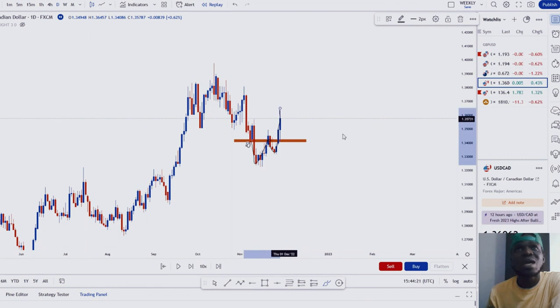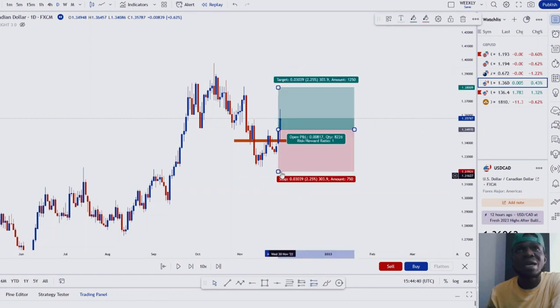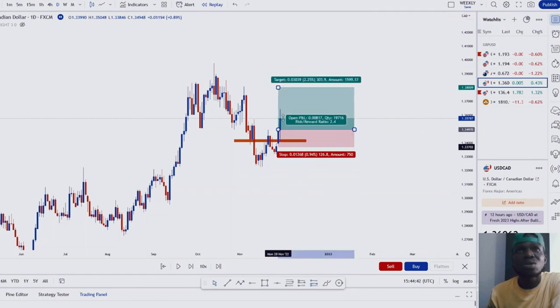Now as a price action trader, the first thing to do in this scenario is to wait for the price to retest back into this zone before the continuation of the market. Don't try to trade the market on the breakout.